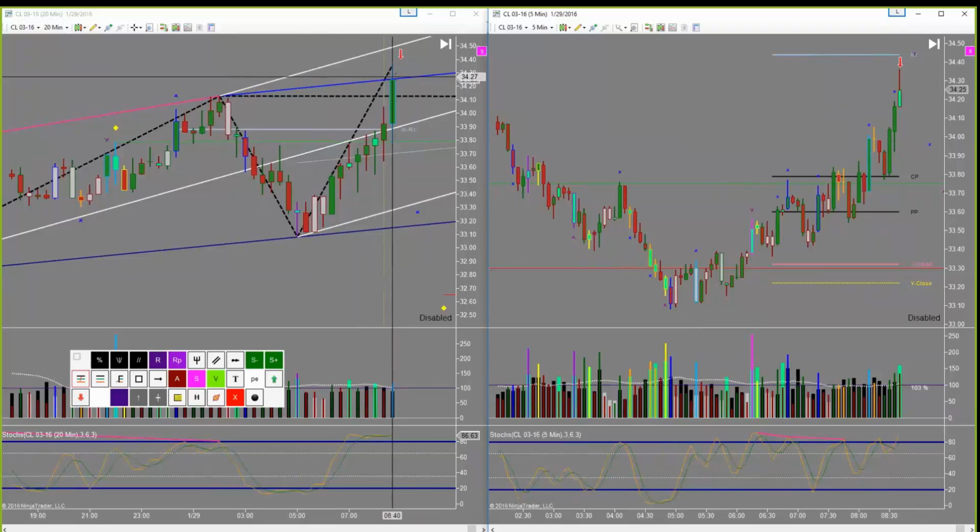You can see we're at the area right now. We've overthrown the channel and we've taken out this high. So we've got a perfect looking ABC. We've got some overlap here. I don't even want to try to count that. That would be ridiculous. But this last move, the momentum is way too high.